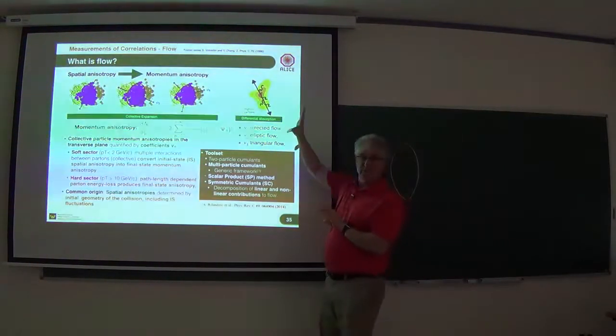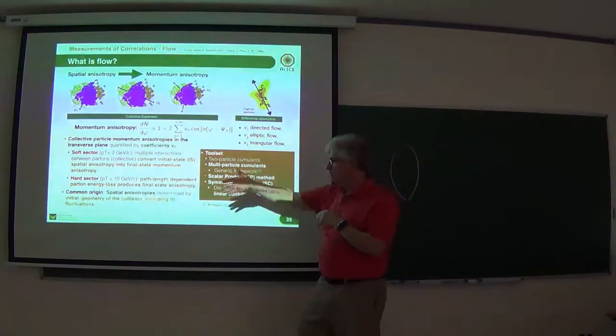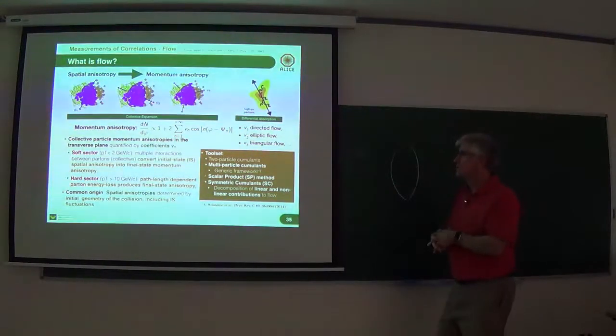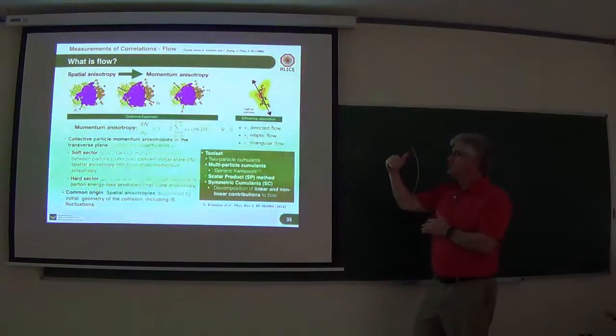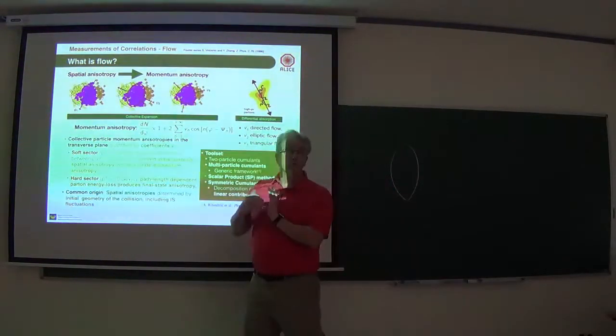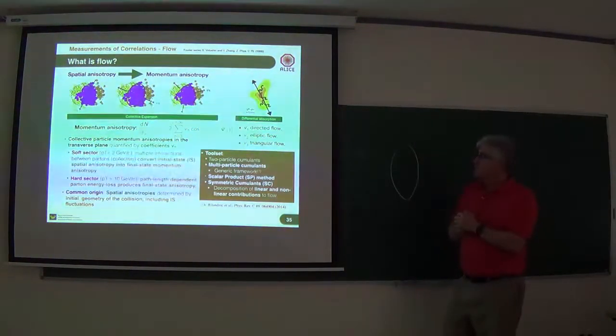So at high momentum, in the so-called hard sector, one expects path length dependence or suppression associated with the orientation relative to the reaction plane, whereas at low momenta, one expects the role of pressure, that the system behaves more like a fluid.